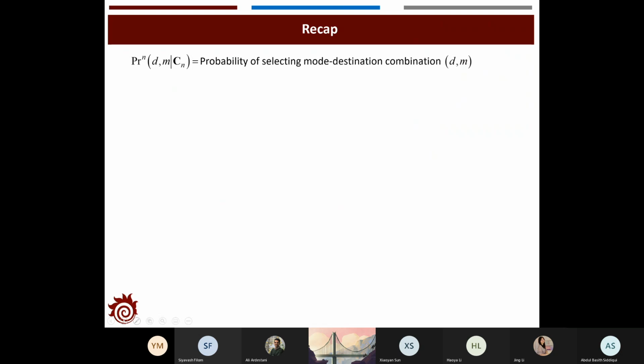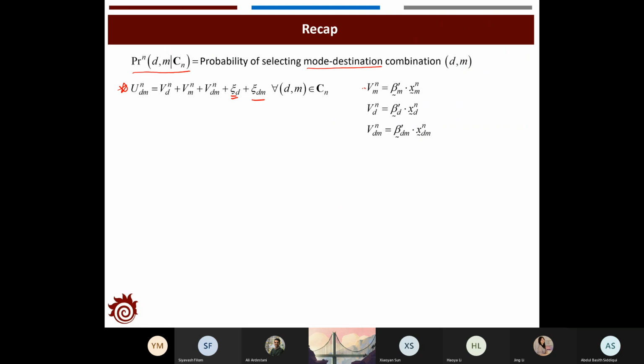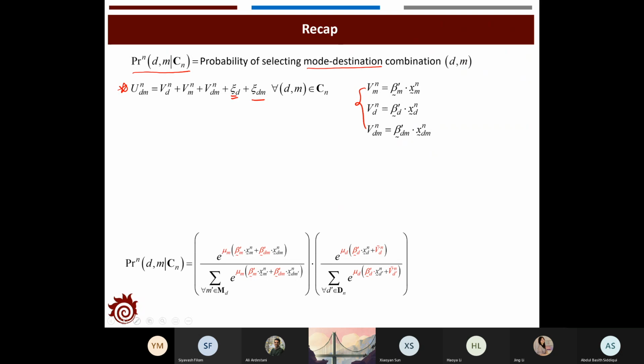So with that, we can make a quick summary about the calibration. First of all, we have the probability for the combination of the mode and destination, and we defined the utility function with the two random terms, epsilon d and epsilon dm, and then we have the assumptions about the linear equations for the deterministic components of the utility function. And now we divide the joint probability into two components, the conditional probability and the marginal probability.